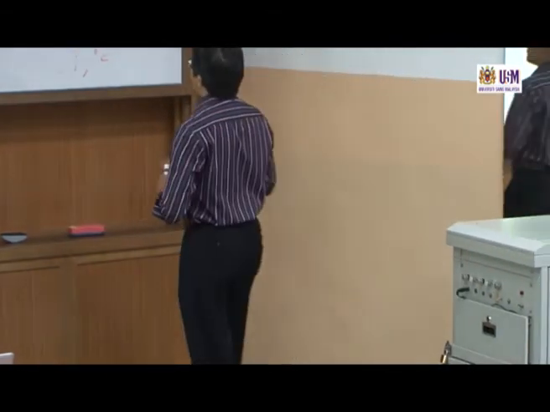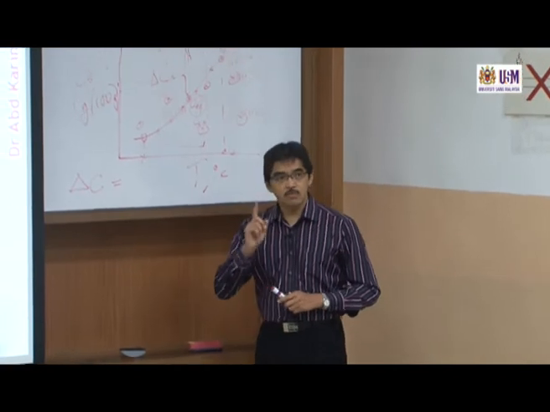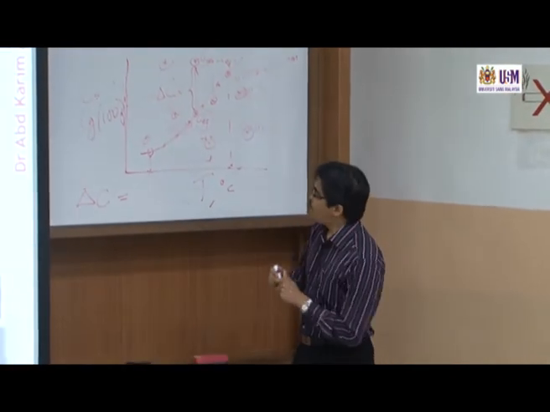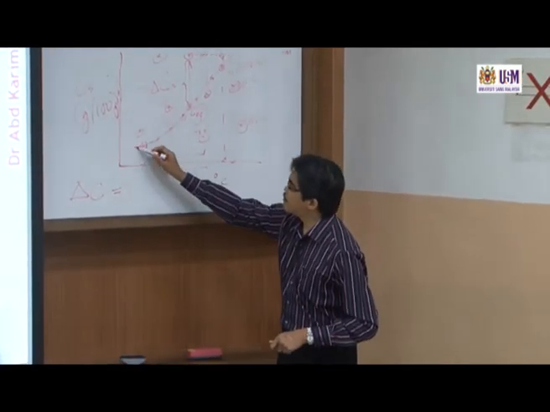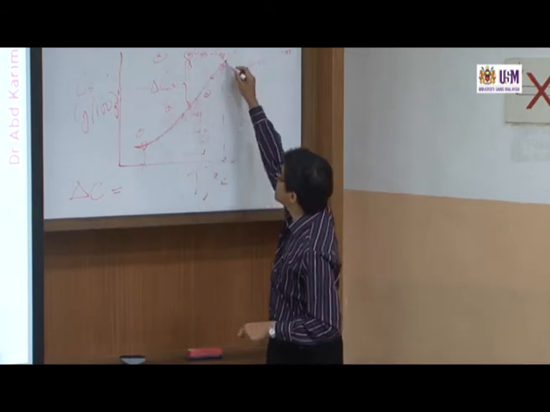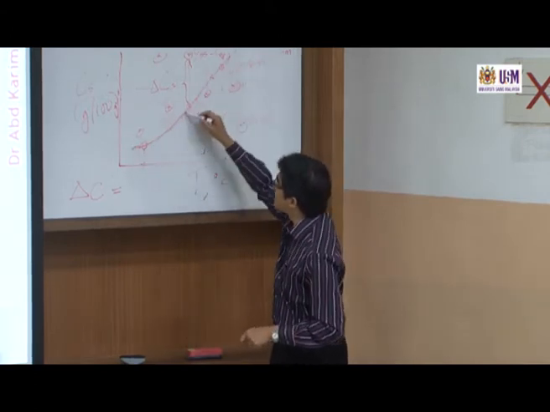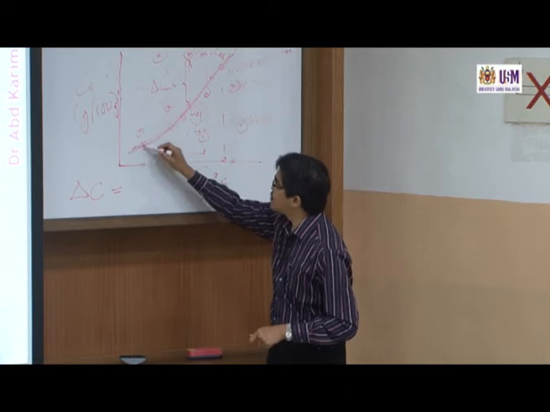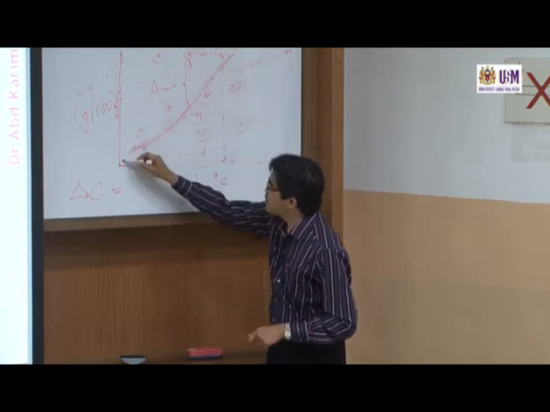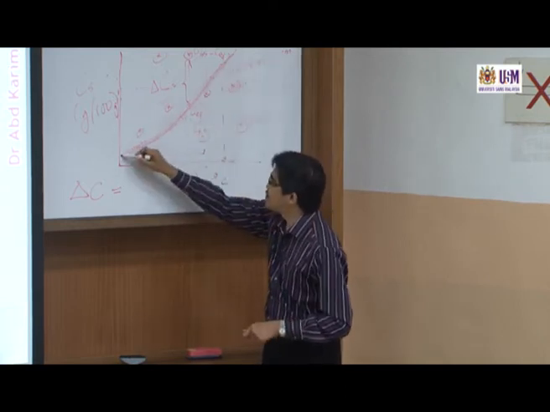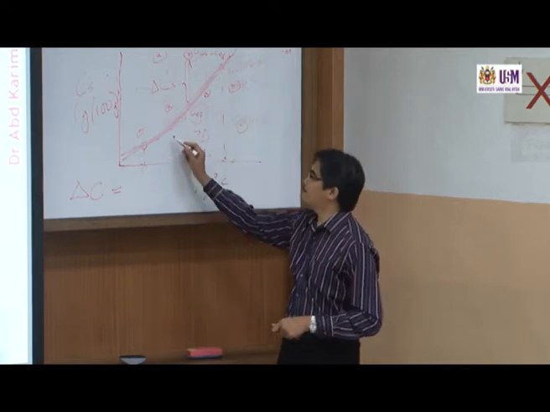So, in order to induce crystallization, to start the nucleation, we have to be somewhere above this equilibrium line. This is called the equilibrium solubility curve. We have to get above that.